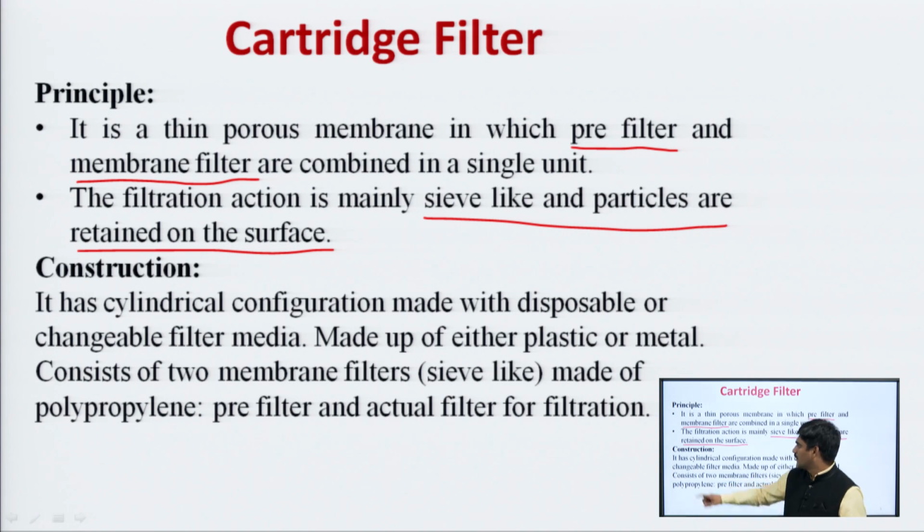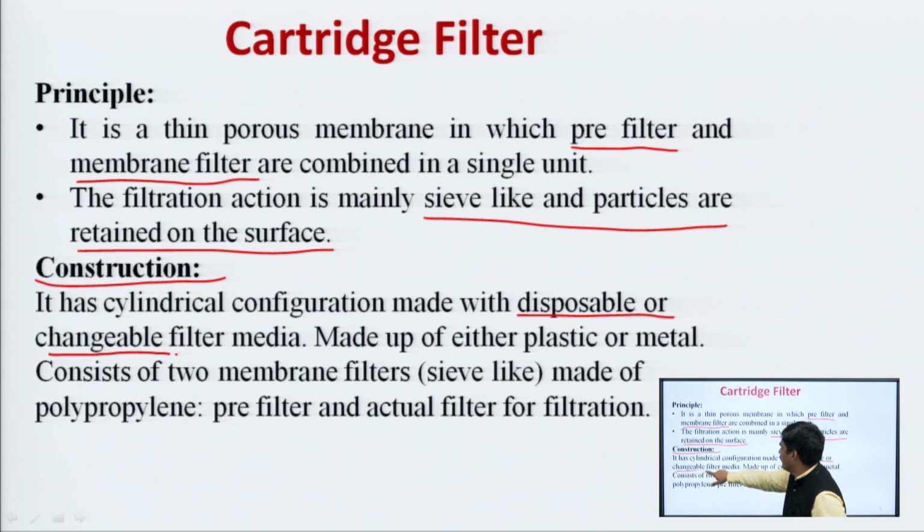Now, the next topic is construction of the cartridge filter. The cartridge filter has a cylindrical configuration, that means its shape is cylindrical, and it is made up of disposable or changeable filter media. That means the filter media we are using can be disposed of, or we can change it at regular time intervals.